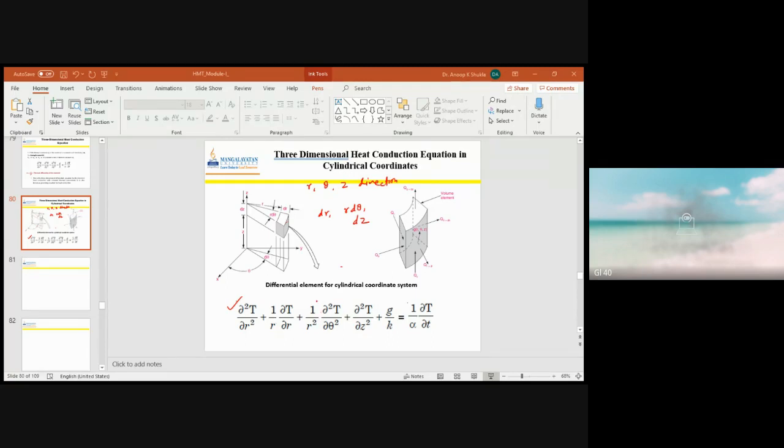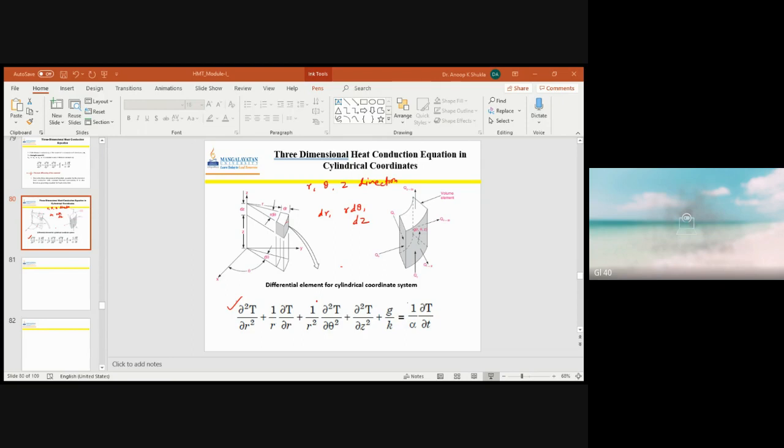It is maintained at a uniform temperature T1 when the x coordinate is 0, meaning the left face.